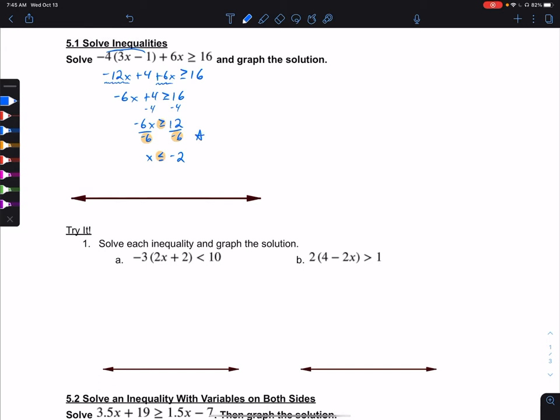Now, this rule only applies when you're undoing operations.